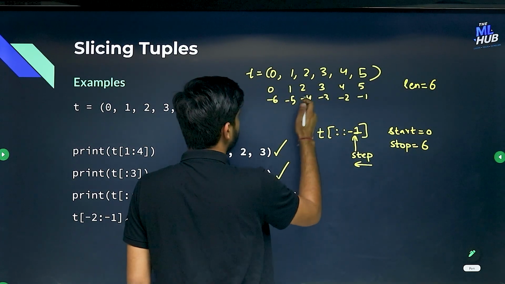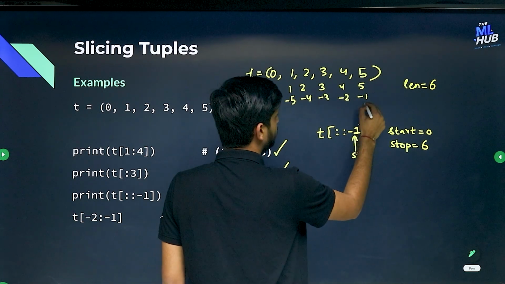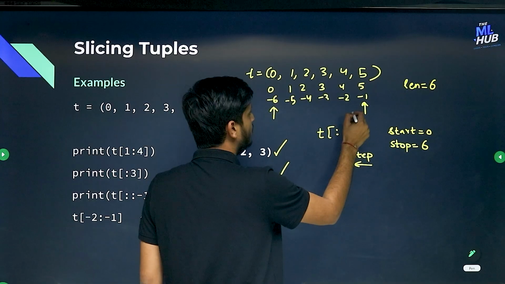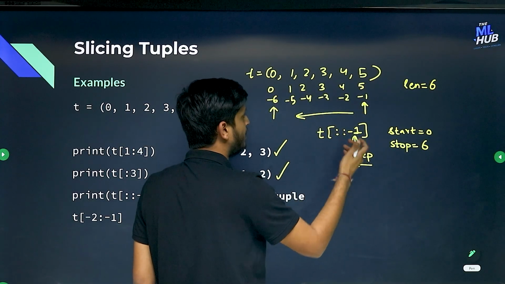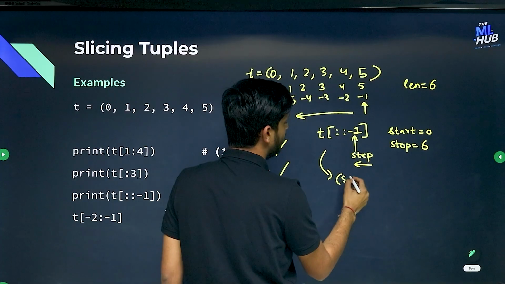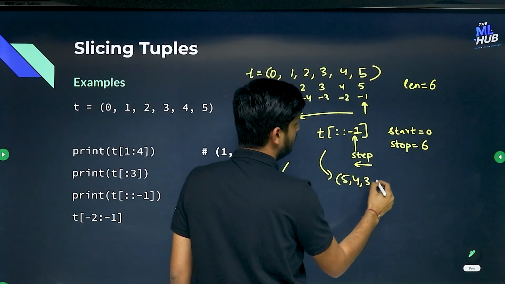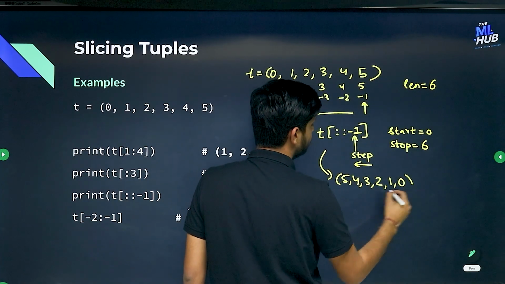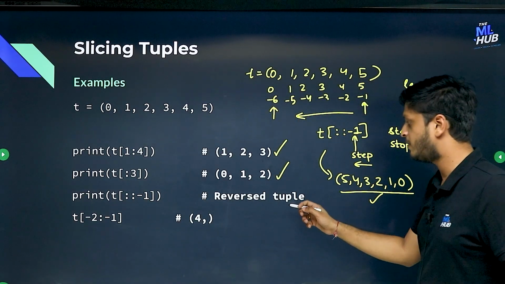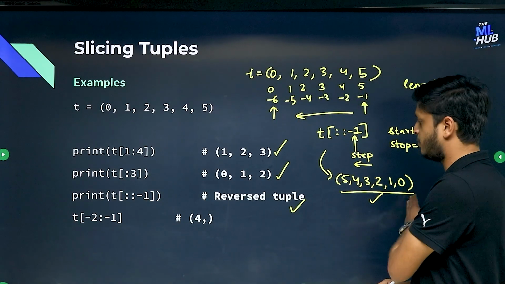So we will take all elements from 0 to 5. The stopping point is exclusive, and we will travel backwards, right to left, and -1 means we will take every element. So the answer will be another tuple containing the elements 5, 4, 3, 2, 1 and then 0. So this is the tuple that you will get in output. The output will be the reverse tuple.